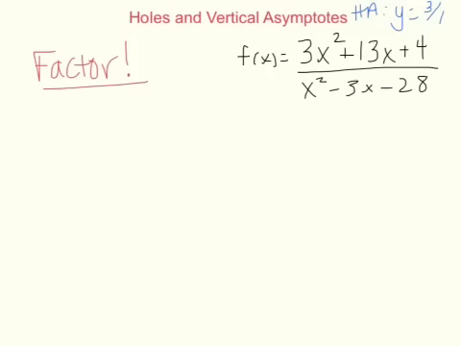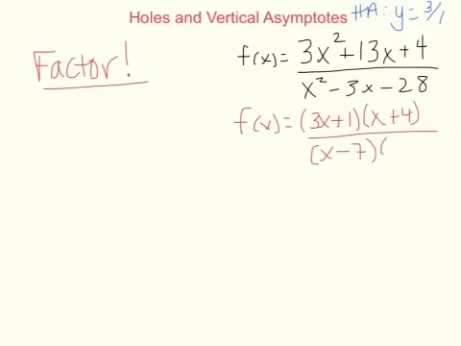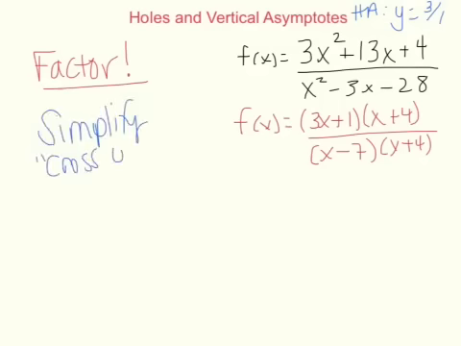So my function would turn into (3x plus 1)(x plus 4) over (x minus 7)(x plus 4). All right, so the next thing I do is simplify, which means, or the other way we say it is, cross out or cancel any matching factors.